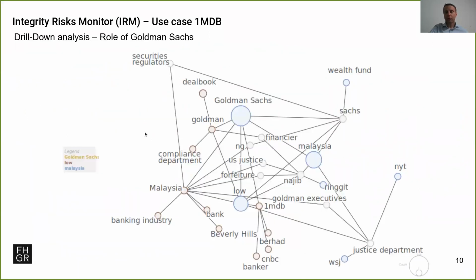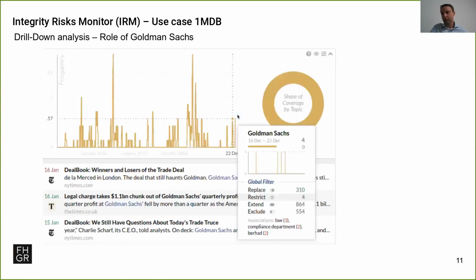The same can be used in conjunction with keyword graphs, which show you how the important concepts of the domain are connected to each other and what are the important concepts. And for instance, you might be surprised that Goldman Sachs is mentioned here in this keyword graph. Again, based on a drill down analysis, you can quickly figure out why Goldman Sachs is actually mentioned.